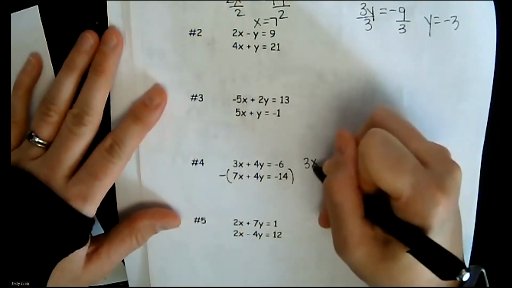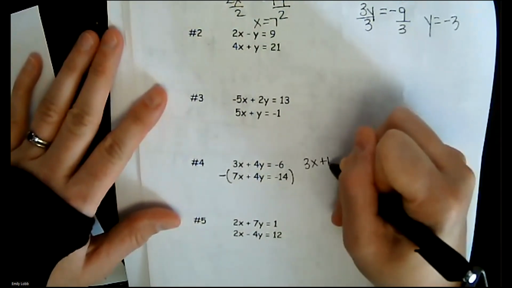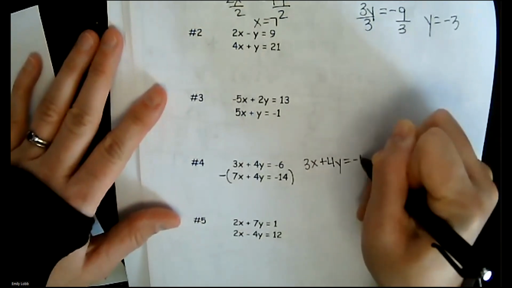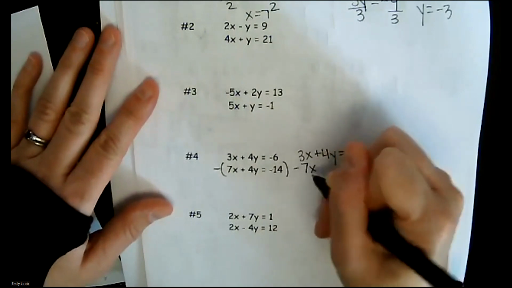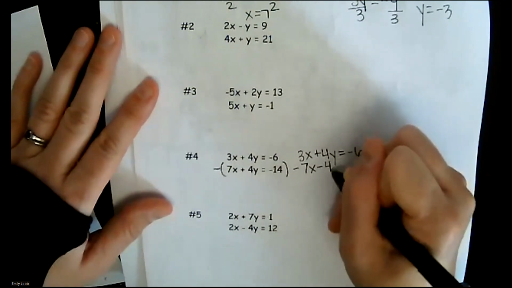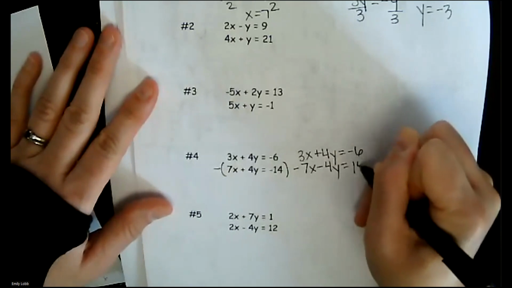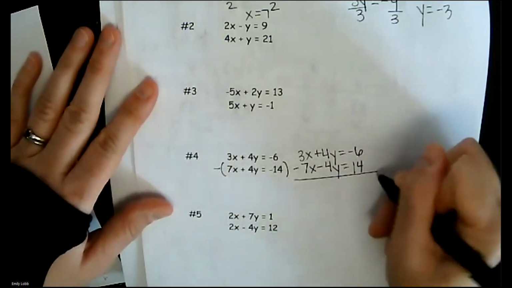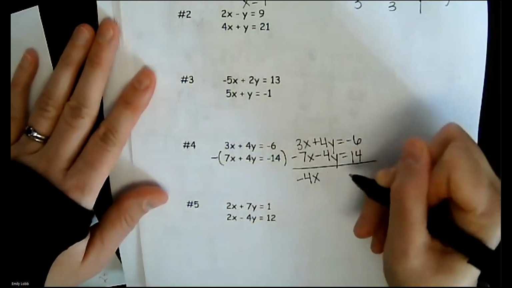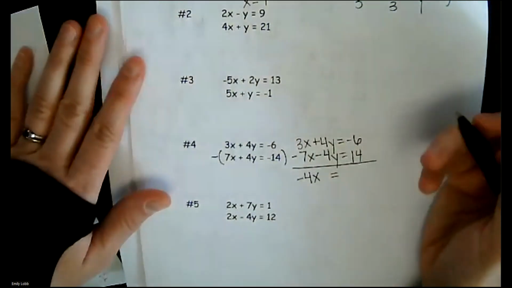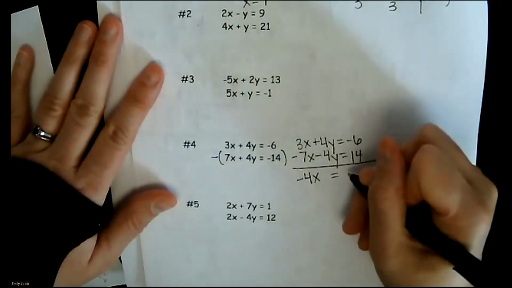So I'm going to rewrite the top. And then I'm going to distribute a negative through. So negative 7x, negative 4y, and positive 14 here. So this becomes a negative 4x is equal to 8.